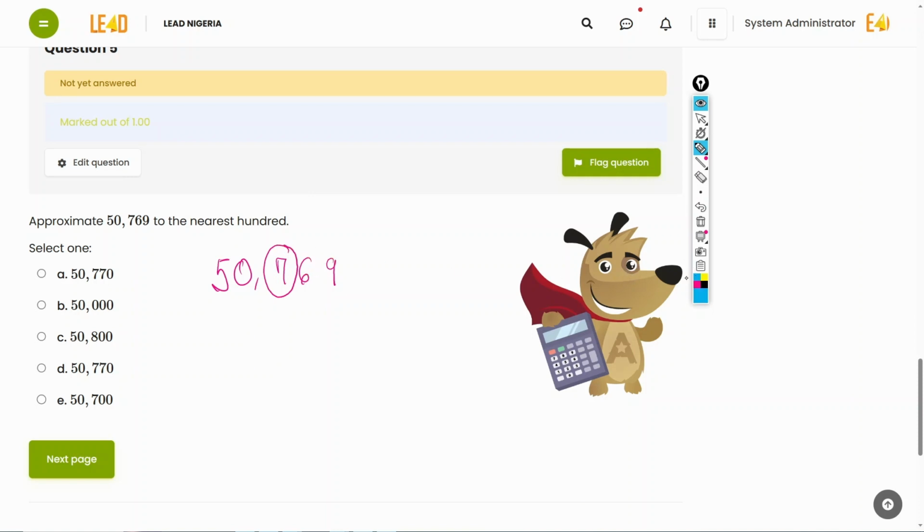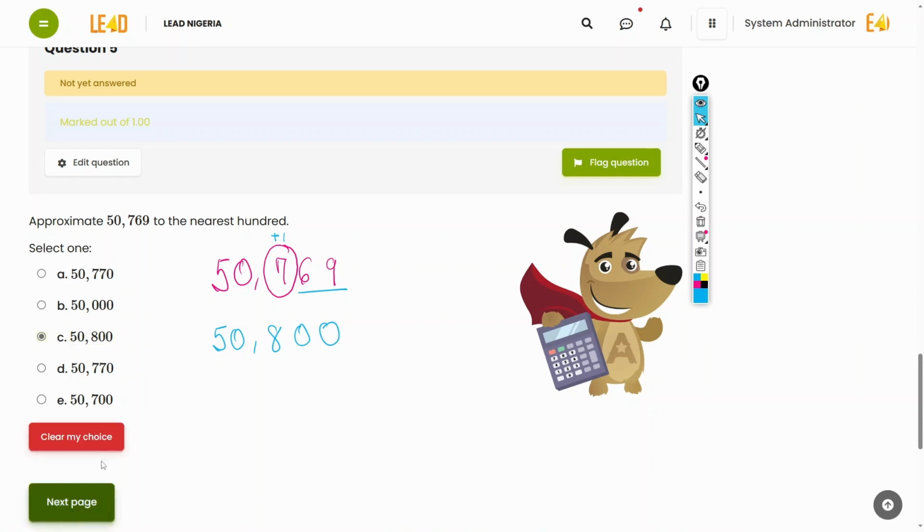That means it's going to be plus 1. We would have 58, and then everything here becomes 0, 0. So the answer is 50,800. That's option C.